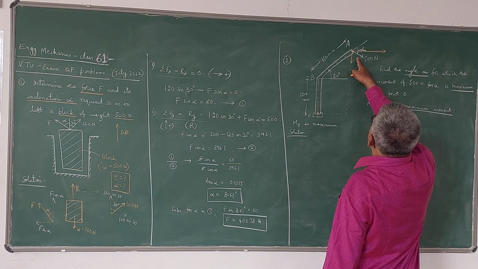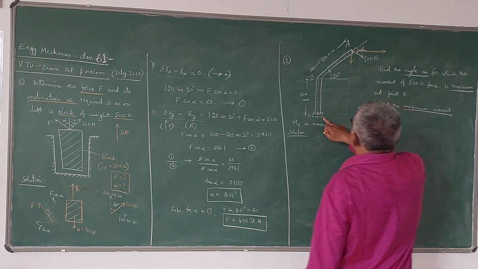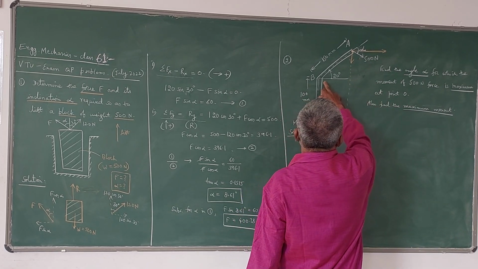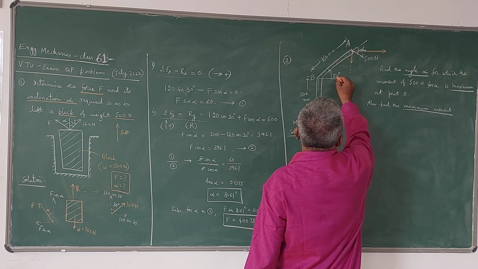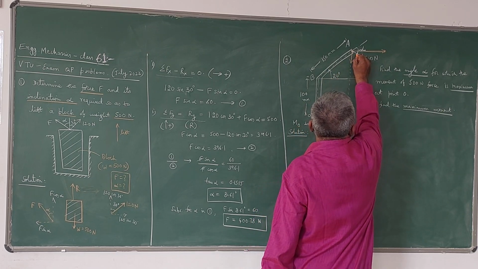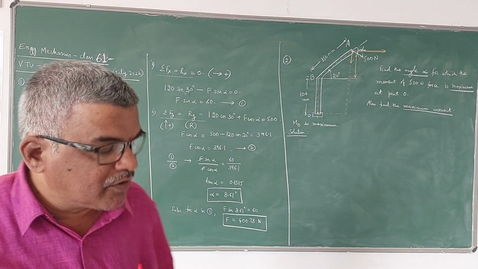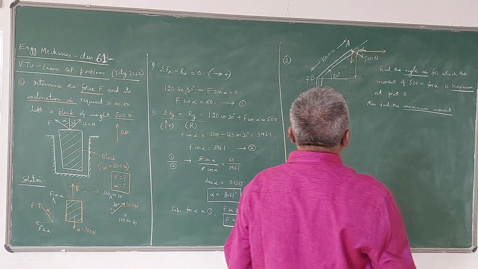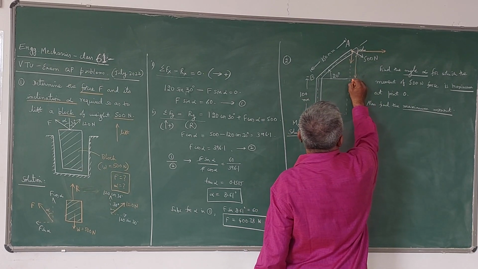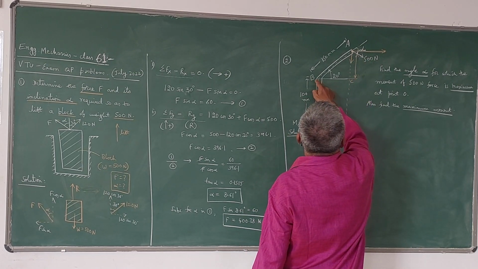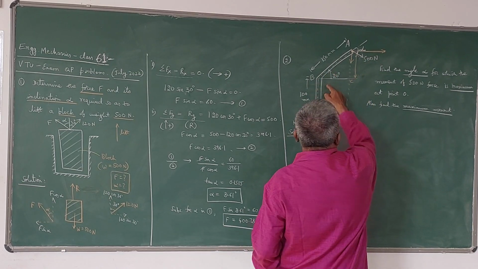So, I will do one thing. OB you know, BA you know, this is 20 degrees. That means let us find this distance now. If I take this as C, AC will be AB sin 20.